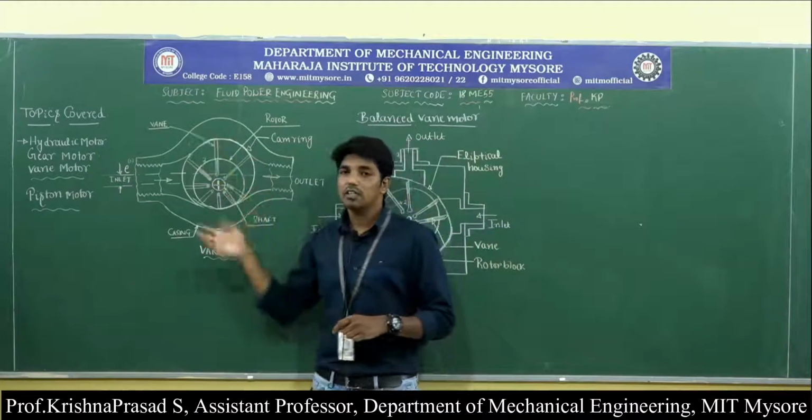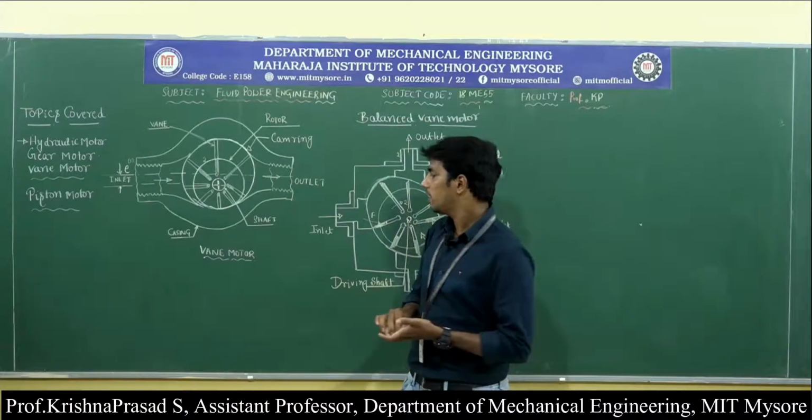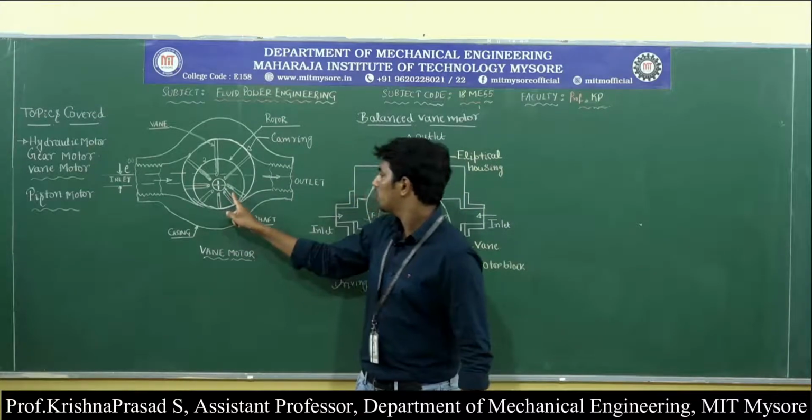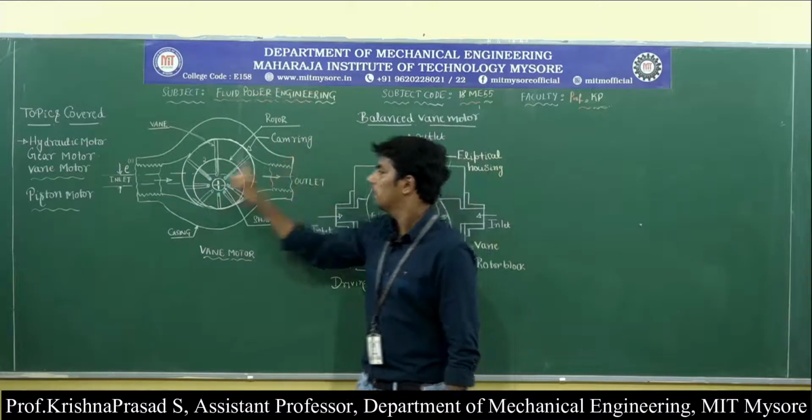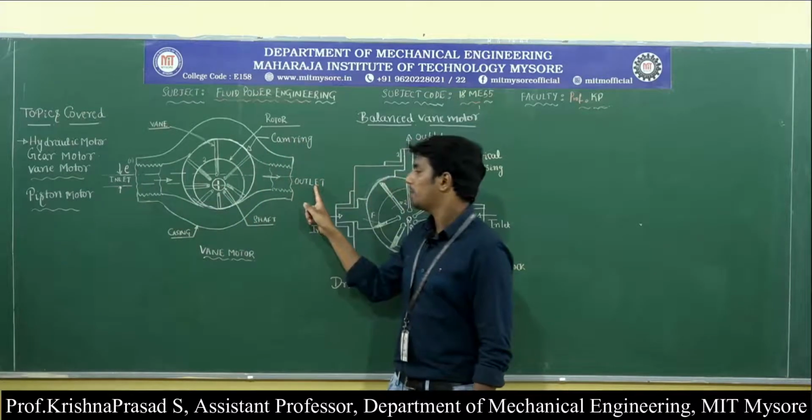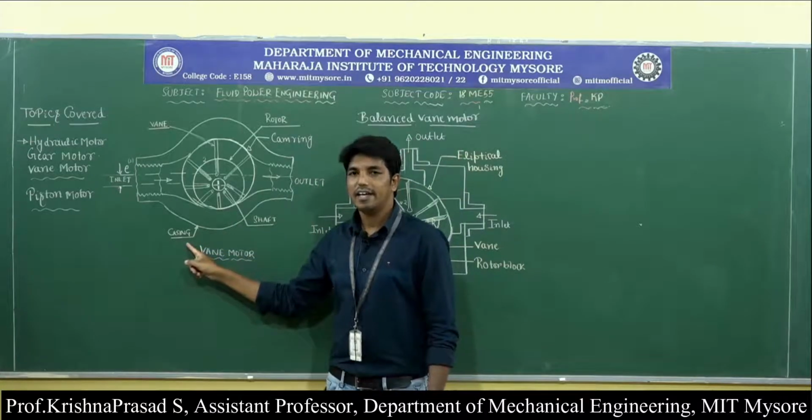Then what is the construction of the vane motor? The vane motor mainly consists of the rotor, radial vanes, camring, inlet and outlet port as well as the casing.